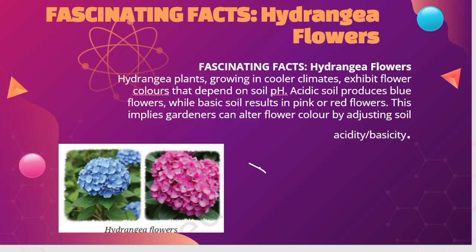So the fascinating fact over here is that the gardener has the control कि उसको कौन सा flower grow करना है. And honestly my favorite color is blue, तो मैं तो पूरे garden में acidic pH level रखती अपने soil का. So that was it. Fascinating fact यही था.